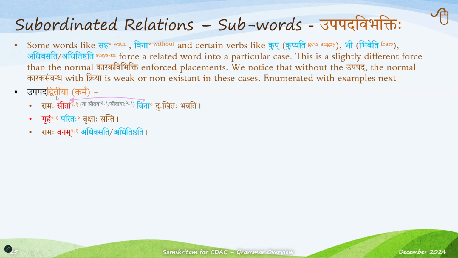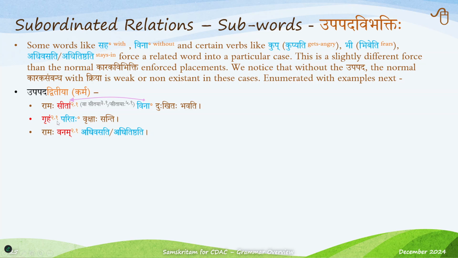That has been identified by our grammarians long back, in the way in which they looked at the requirements of bhasha, speaking. So griham paritah vrikshaha santi. In Kannada we use a different way. It's not exactly like dvitiya in Kannada. We say manaya suttalu, we take shashti force, like grihasya paritah.